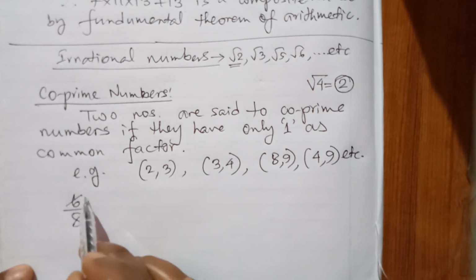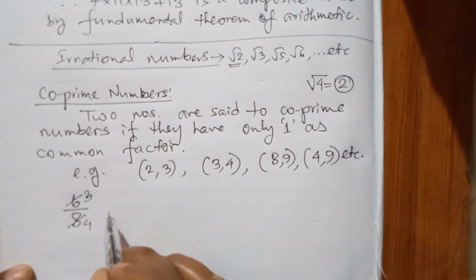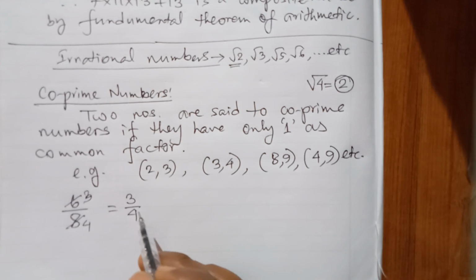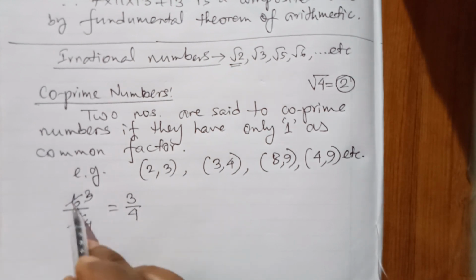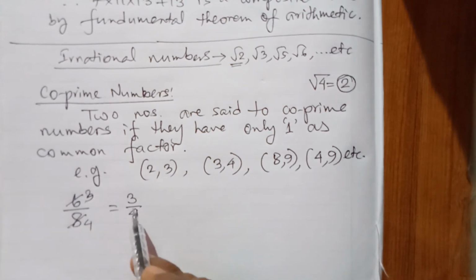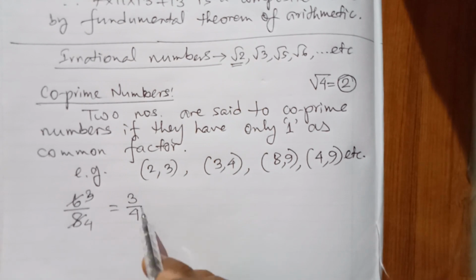You cancel by 2, 2, 3 is 6, 2, 4 is 8. Now this is coming a 3 by 4. So this 3 by 4 is a rational number, but you see 3 by 4 and this 6 by 8 both are equivalent fractions. But here this is called simplest form, 3 by 4.